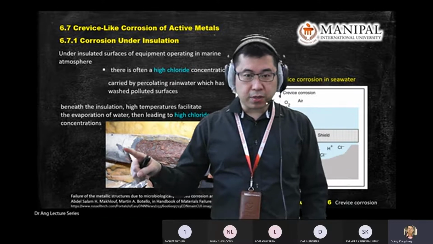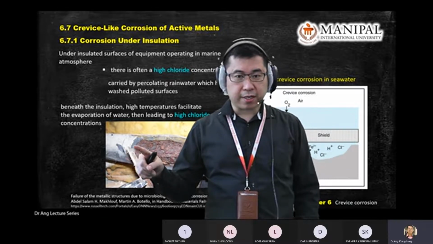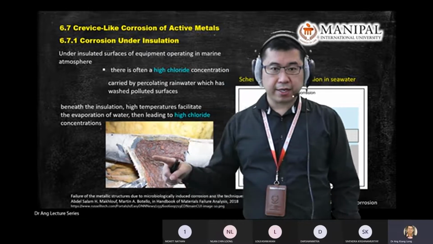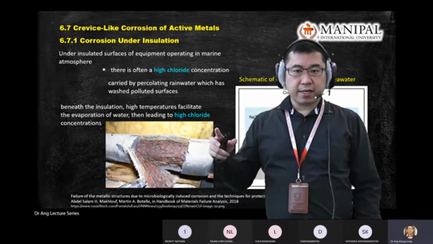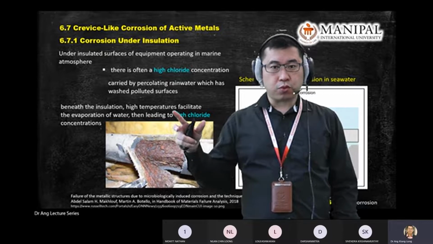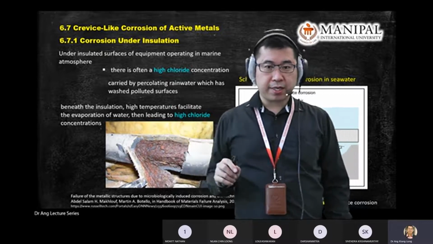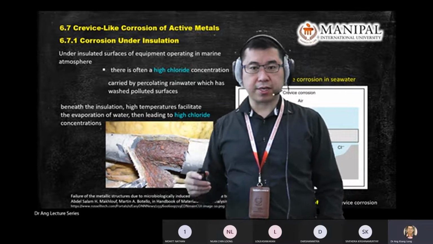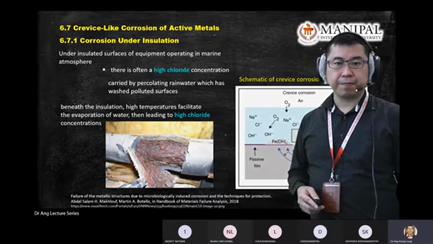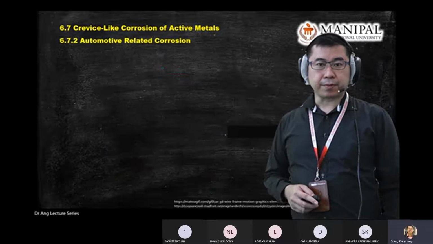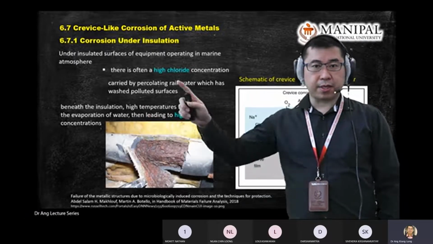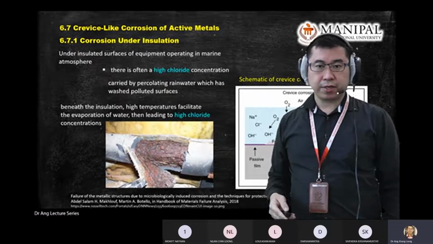So when you insulate the heat element, there is a high temperature there, and then you expose it to water, leading to high chloride concentration, Cl negative and so on. This is in a marine environment under insulation.